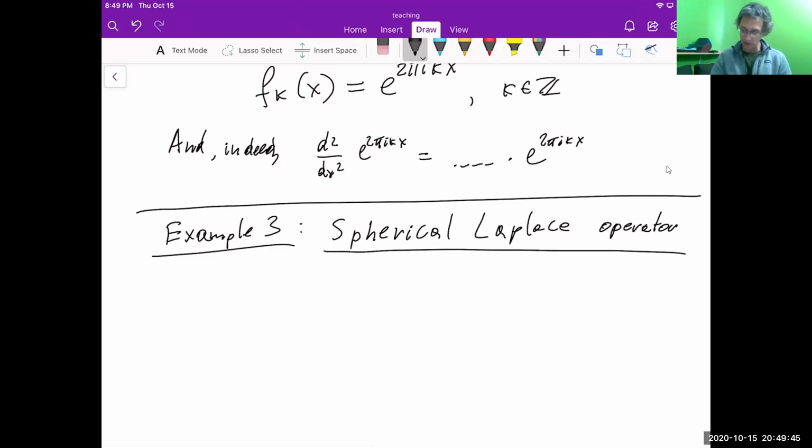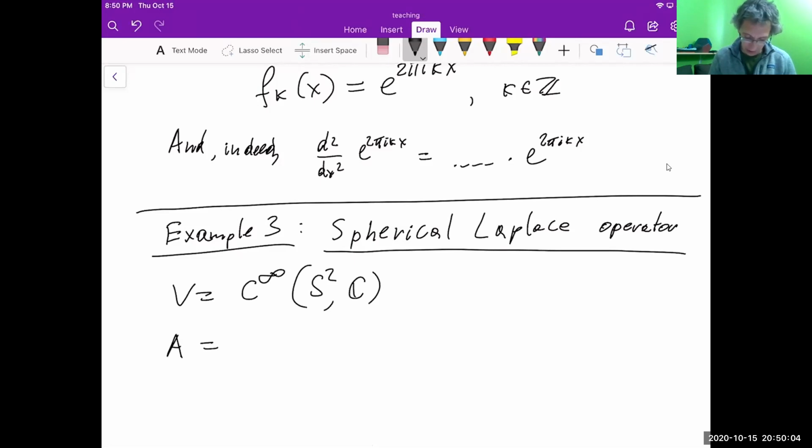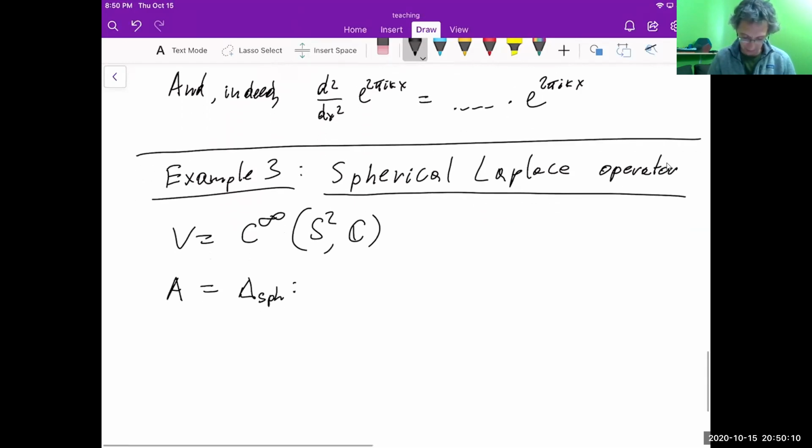It's all very similar to the previous problem, but the vector space will be a space of functions, let's say complex functions on S2, on a sphere. And my operator A is the so-called spherical Laplace operator, which I'll define in a second.